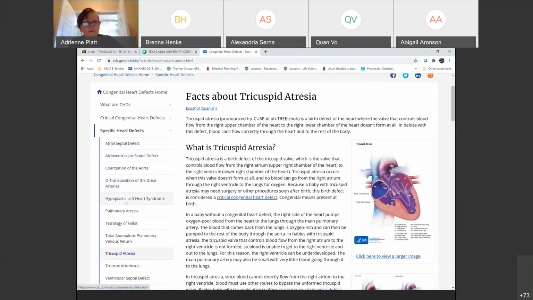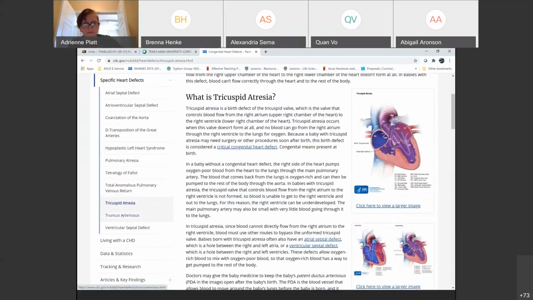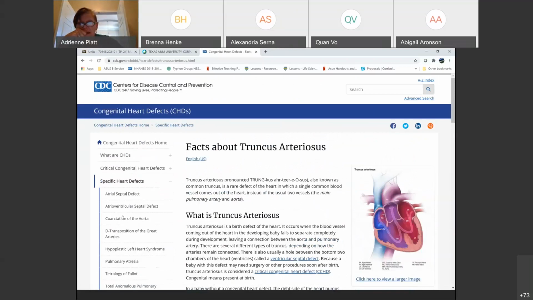Truncus arteriosus. This was, feedback-wise, on the HESI last year. Basically, the aorta and pulmonary artery do not separate, and they should, obviously. So you have mixed oxygenated and deoxygenated blood.